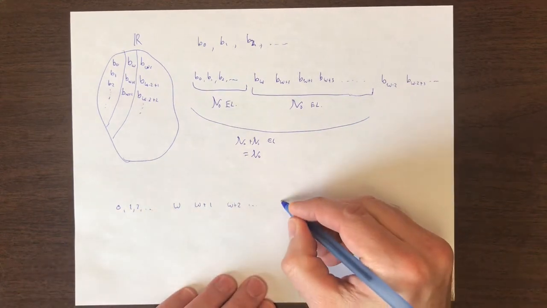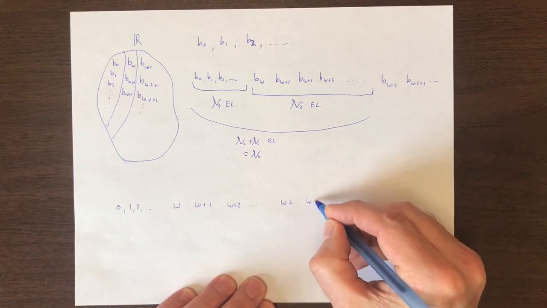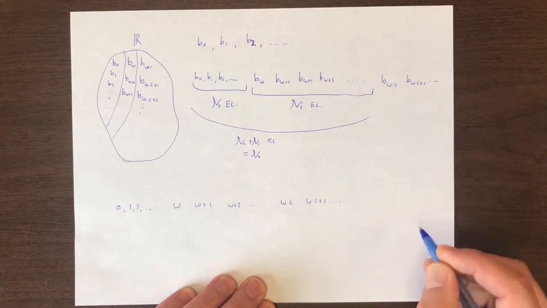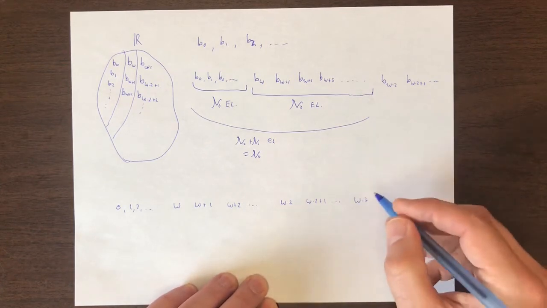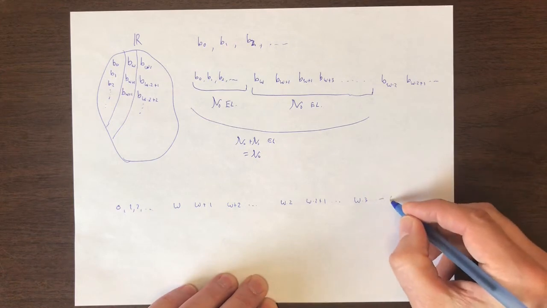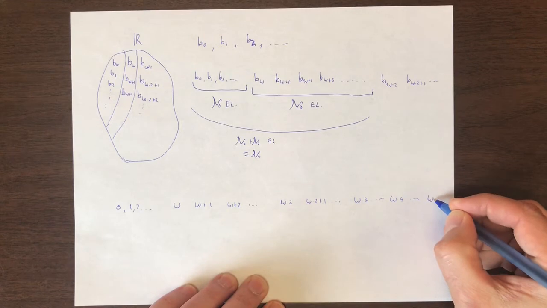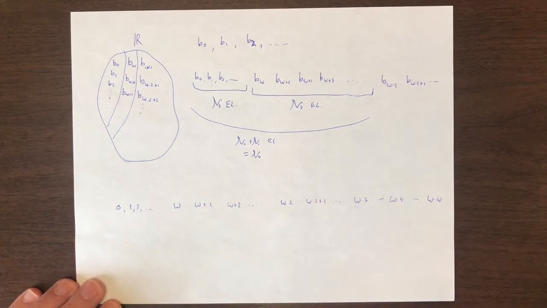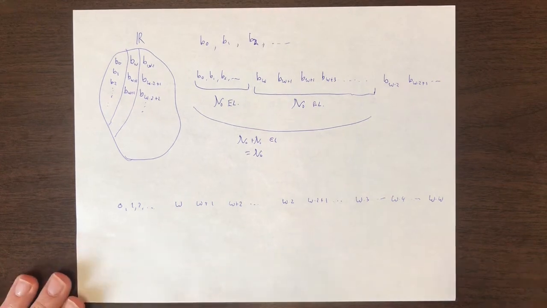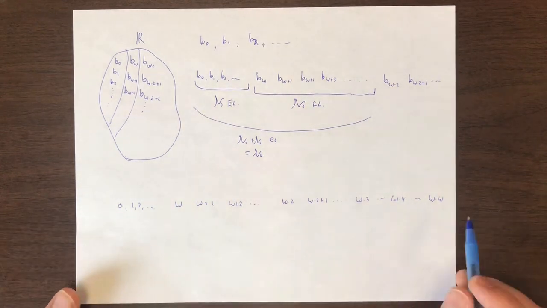Then we have omega times 2, omega times 2 plus 1, etc., another infinite sequence, and then omega times 3, and then omega times 4. And of course, at some point we're going to get omega times omega. But that is nowhere near the end. That's actually still countably many ordinal numbers.